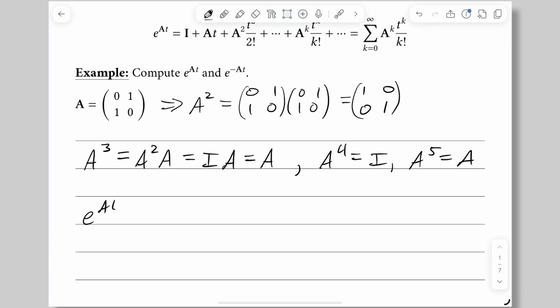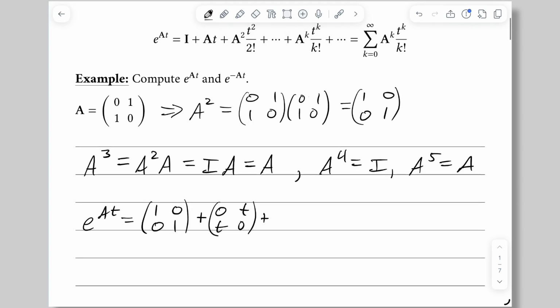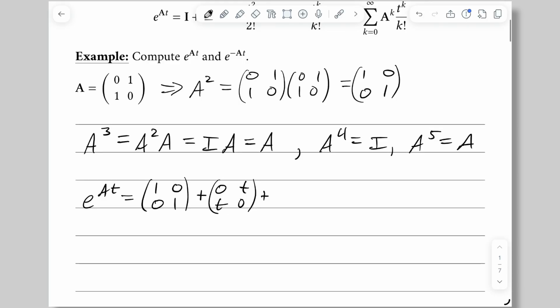So e to the At is equal to the identity matrix 1, 0, 0, 1. We're using the 2 by 2 identity matrix because our matrix is 2 by 2. Plus A times t is 0, t, t, 0. Plus A squared t squared over 2 factorial. That's going to be t squared over 2, 0, 0, t squared over 2.